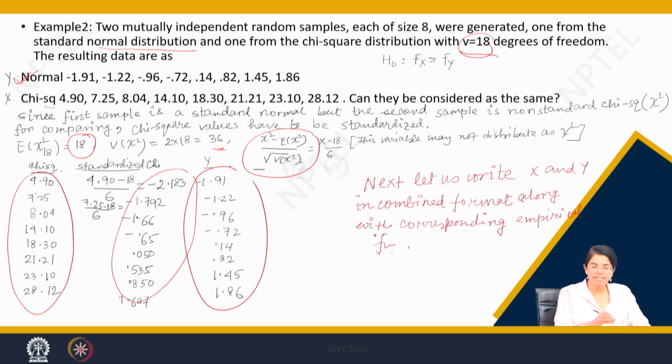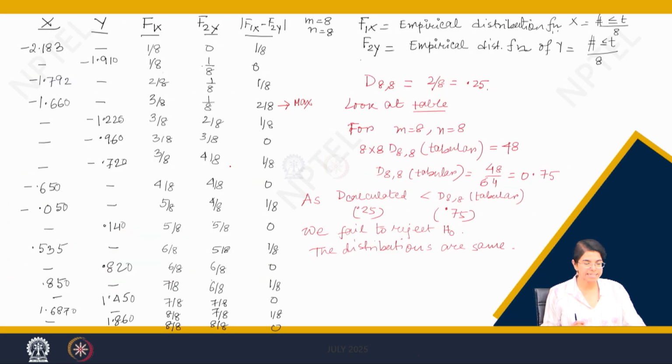You have two observations, x and y, and in a similar fashion to what I taught a short while ago, x is this, y is this. You know how to figure out the empirical distribution function for x and for y.